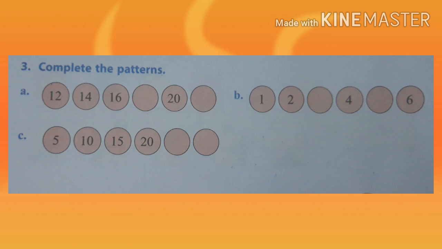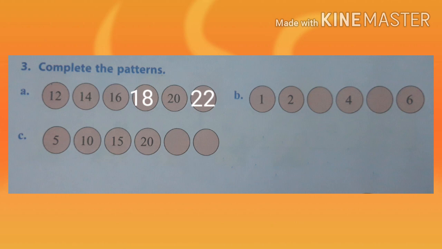Then to get the next number, what should we do? Yes, we should add 2 to the number 16. So 16 plus 2 gives 18. Then 18 plus 2 gives 20 is already given there. Then again the last blank. Yes, we have to add 2 to the number 20. So, we will get 20 plus 2 gives 22.